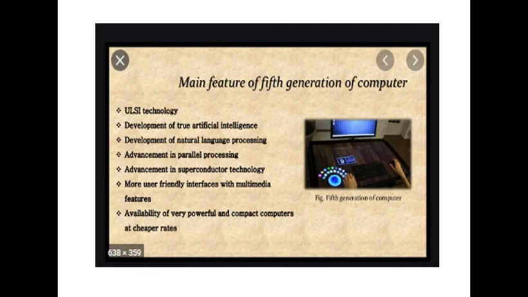But when we talk about fifth generation of computers, then your computer, the robots that you see, will behave like a human. They can sense, they can feel, they can think, and even take decisions as the human beings do.